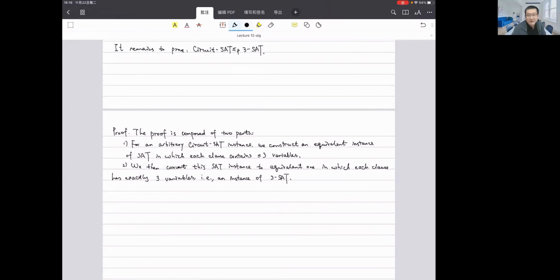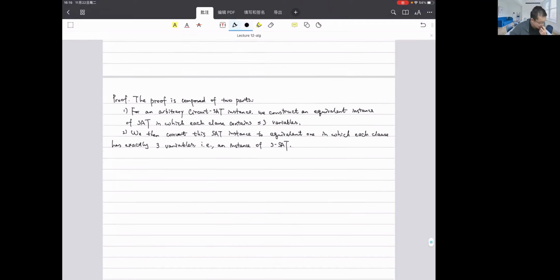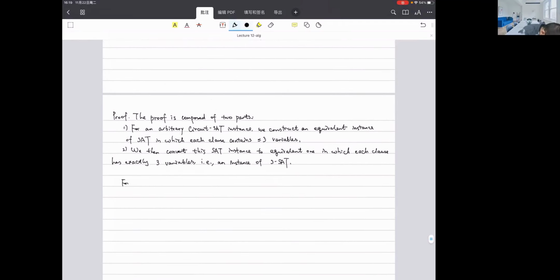For the first part, we have an arbitrary circuit set instance. Let's first prove the first part and then prove the second part.